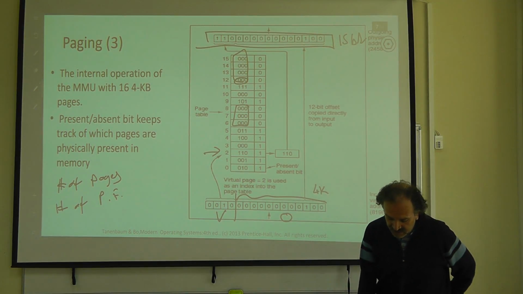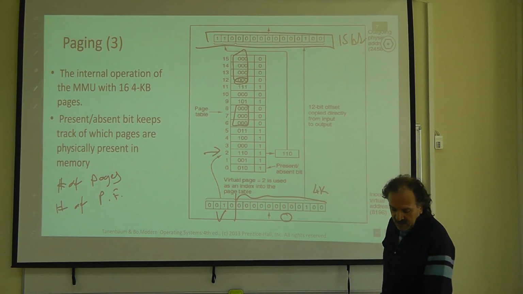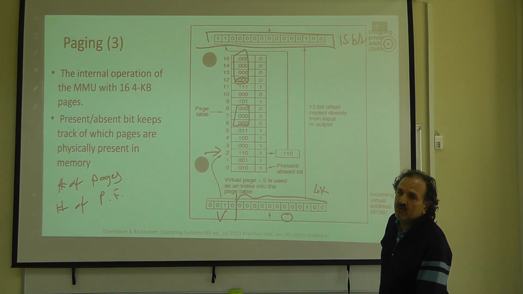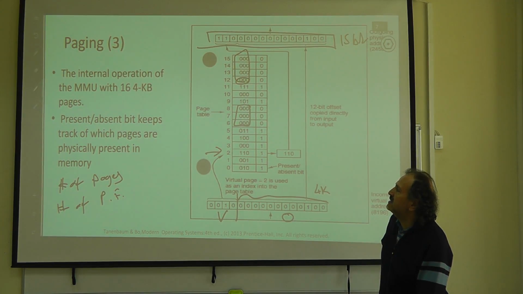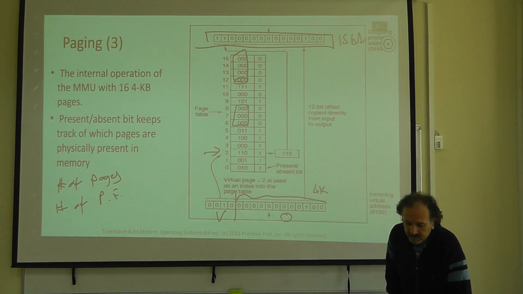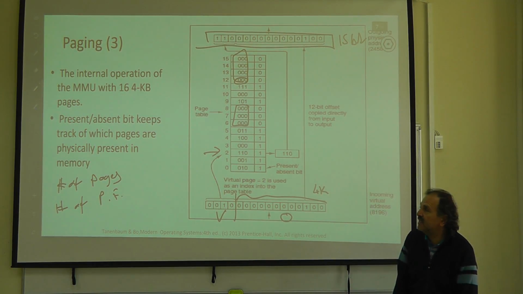And doing this operation becomes very expensive, because this is inside the MMU, right? The MMU is on the CPU, so it doesn't have large amounts of memory. 16 registers or 16 element tables are okay with the MMU.